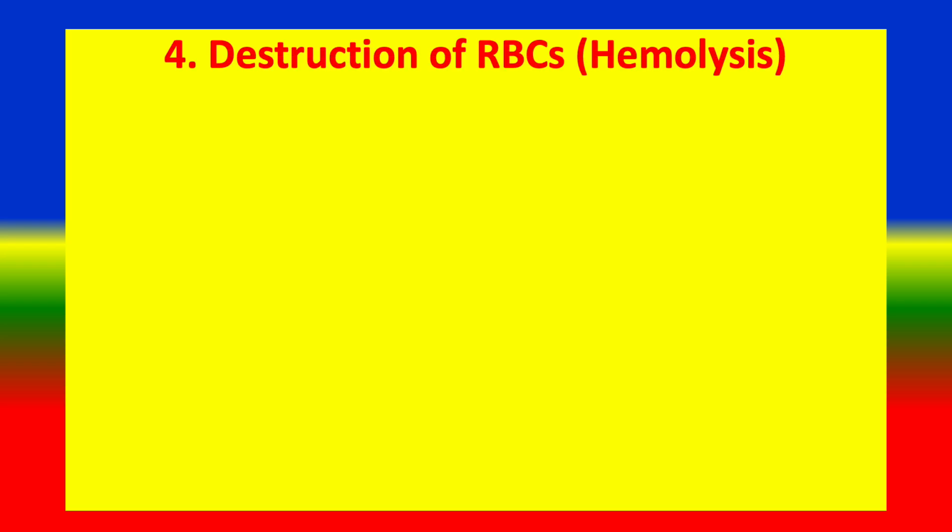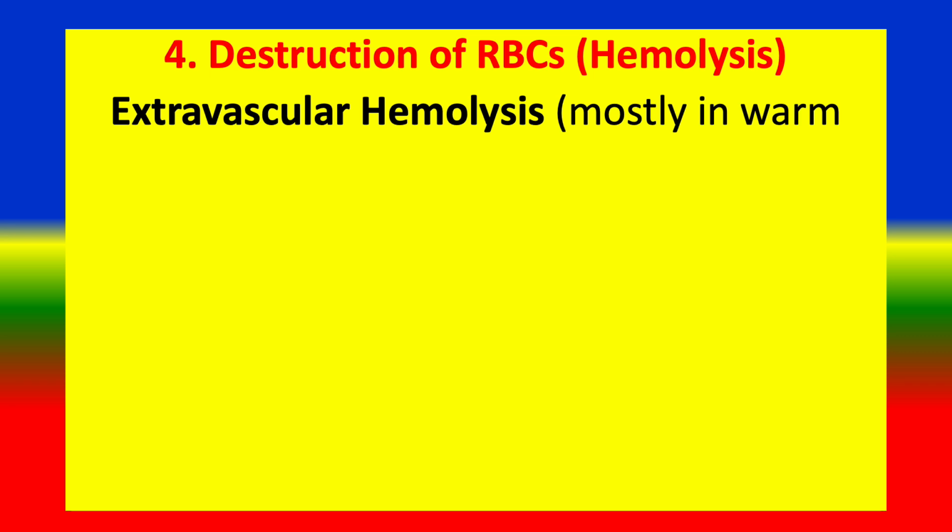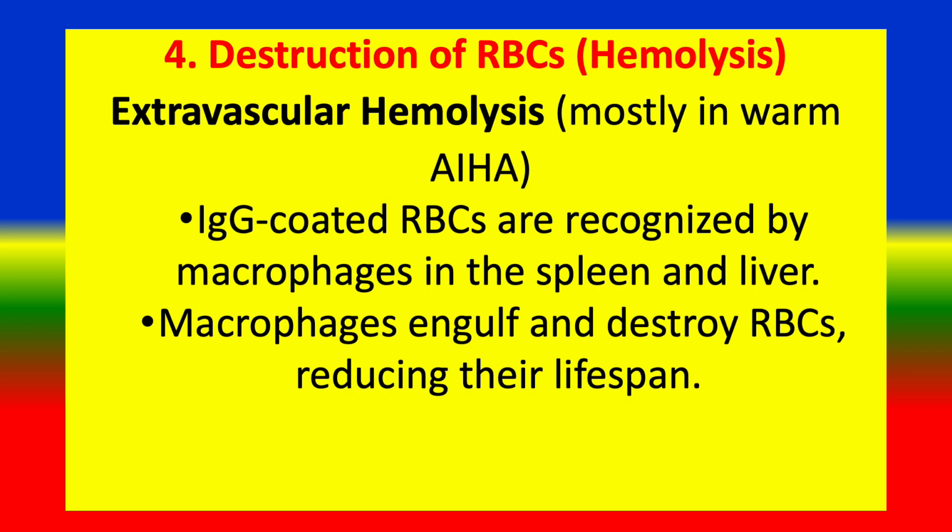4. Destruction of RBC, hemolysis. Extravascular hemolysis, mostly in warm AIHA. IgG coated RBCs are recognized by macrophages in the spleen and liver.